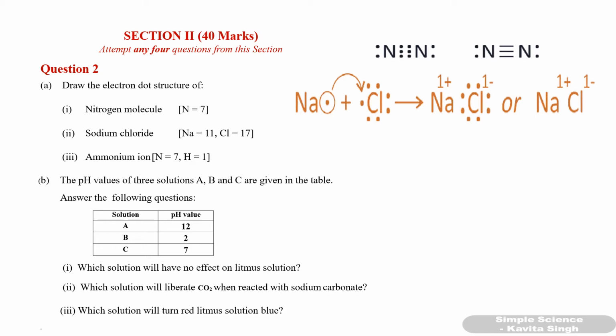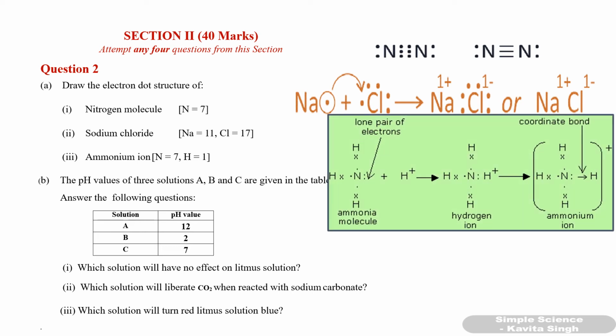Third one is ammonium ion. Ammonia is NH3, in which nitrogen has 1 lone pair, and 1 H+ is added to it. It becomes NH4+, because H+ has no electrons. That is why its charge is +1. So it has lost 1 electron.